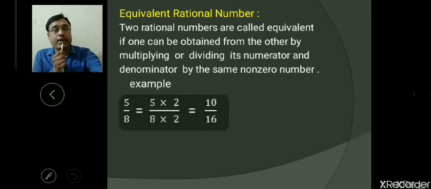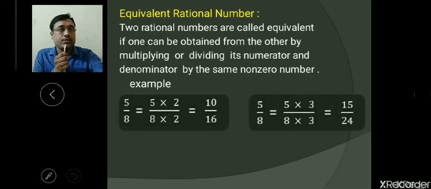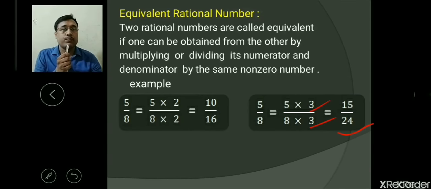So for example, you see the number 5 by 8, when you multiply the numerator and denominator with 2, the result will be 10 by 16. So here 10 by 16 and 5 by 8 are equivalent rational numbers. Next example, this 5 by 8, here I have multiplied the numerator and denominator both by 3, then the number is 15 by 24.